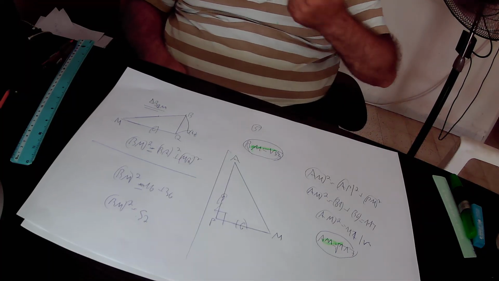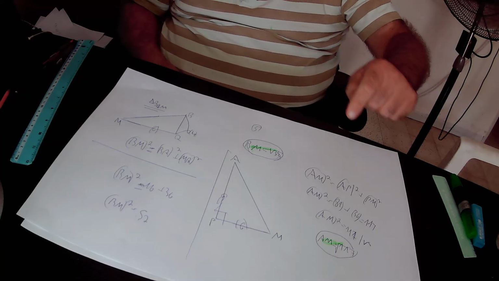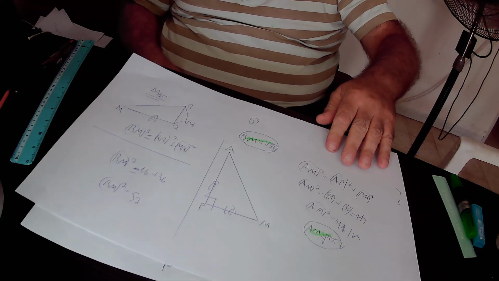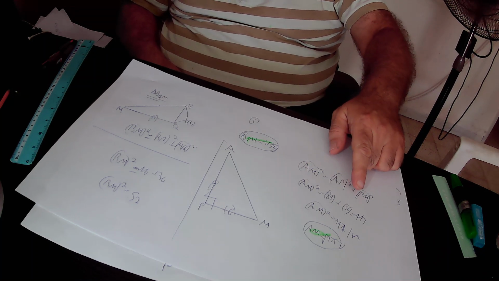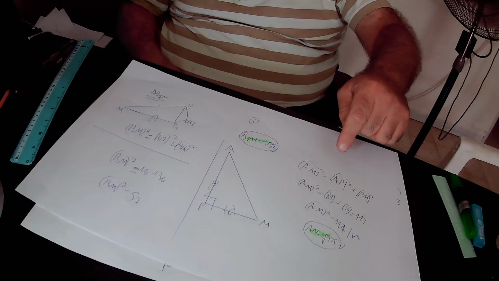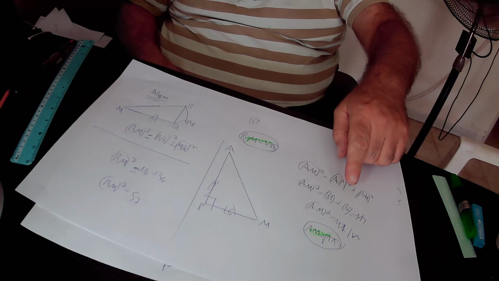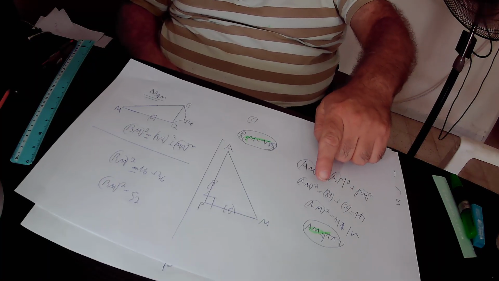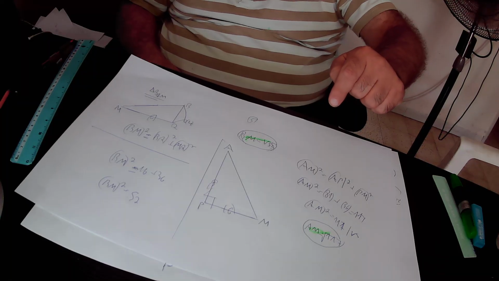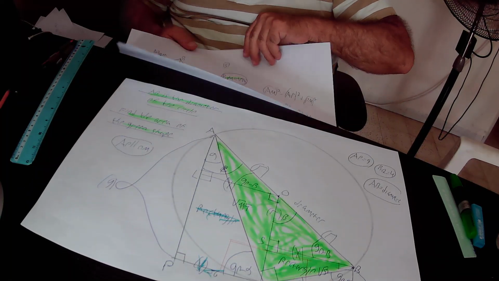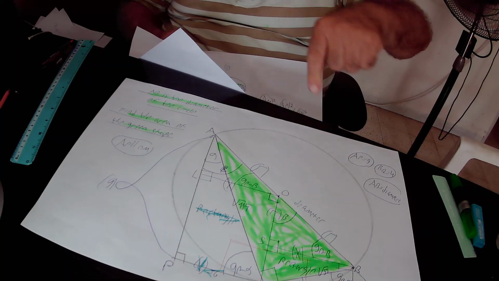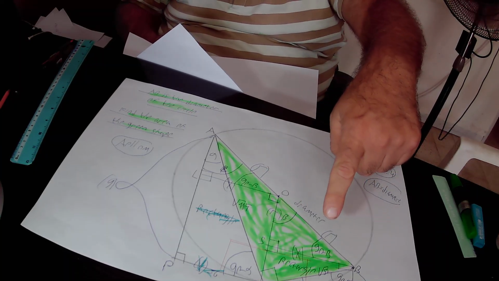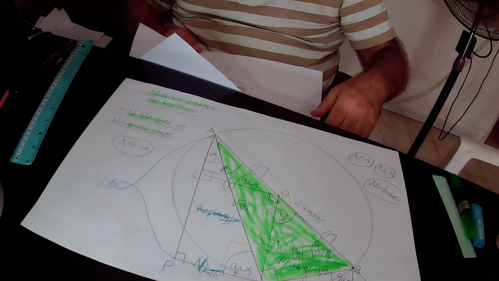PM is 6, therefore PM squared is 36. So AM squared equals 81 plus 36, that is 117. So AM equals the square root of 117, and this side MB equals the square root of 52 units in length.